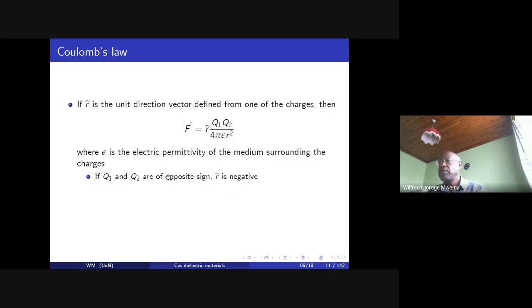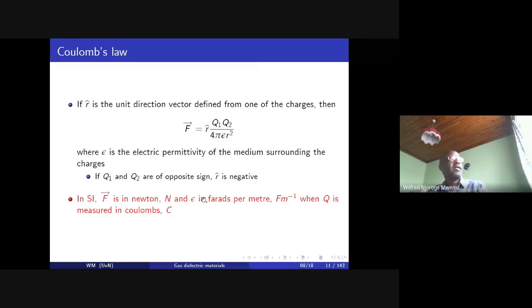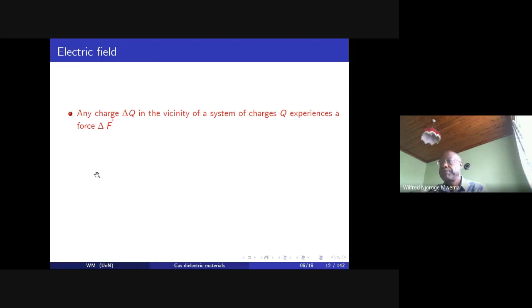Now, if Q1 and Q2 are of opposite sign, you already see that the force is going to be negative. So in the SI system, the standard system of units that we use, F will be given in newtons, and epsilon will be in farads per meter, when Q is measured in coulombs.